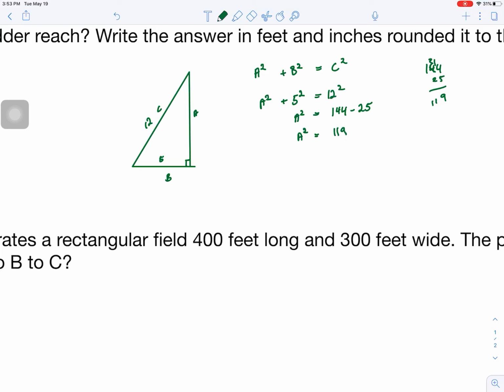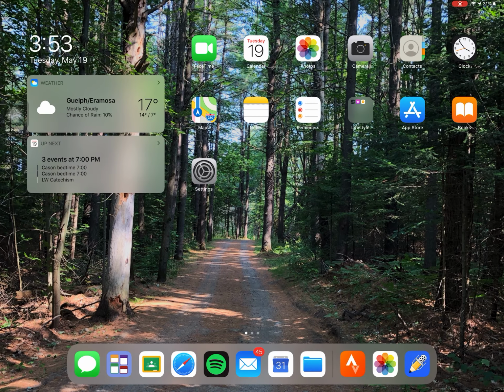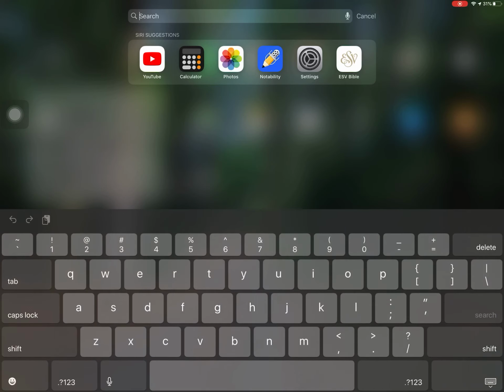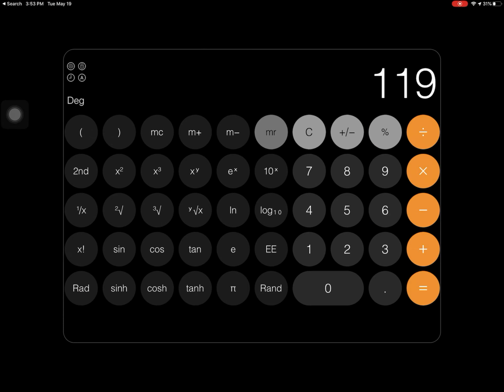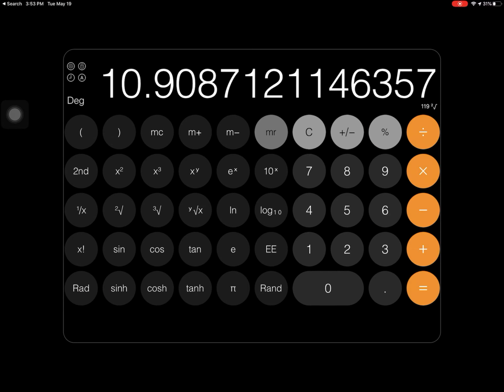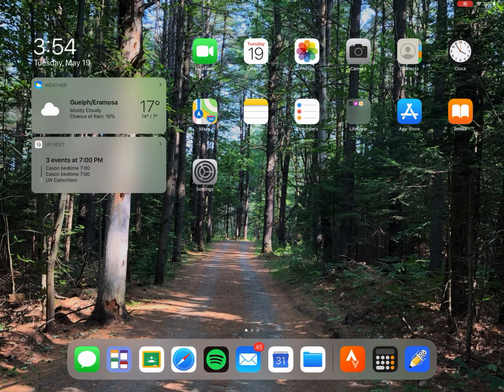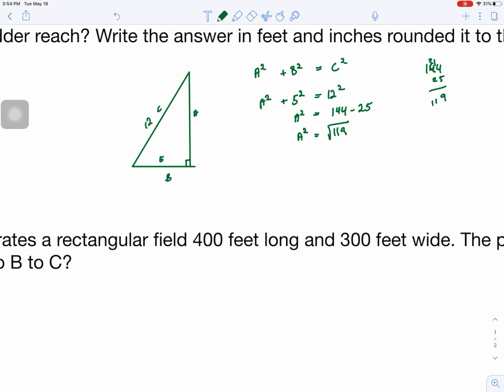And we have to do the square root of 119, and figuring that out, the square root of 119 is 10.9 feet. Okay?